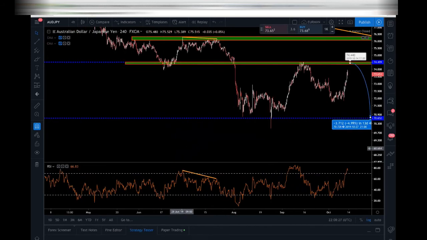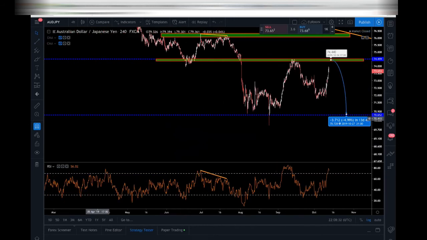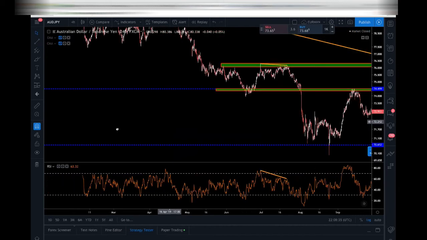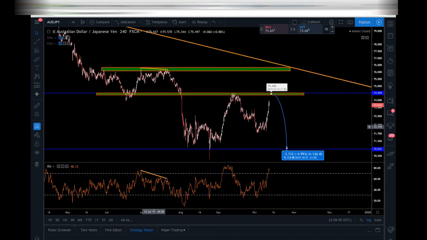All right. So this is a breakdown of the RSI and how you use it. Of course, you do want to use it at strong areas of support and resistance. RSI can be used as confirmation, but it shouldn't be used as a main trigger, okay?